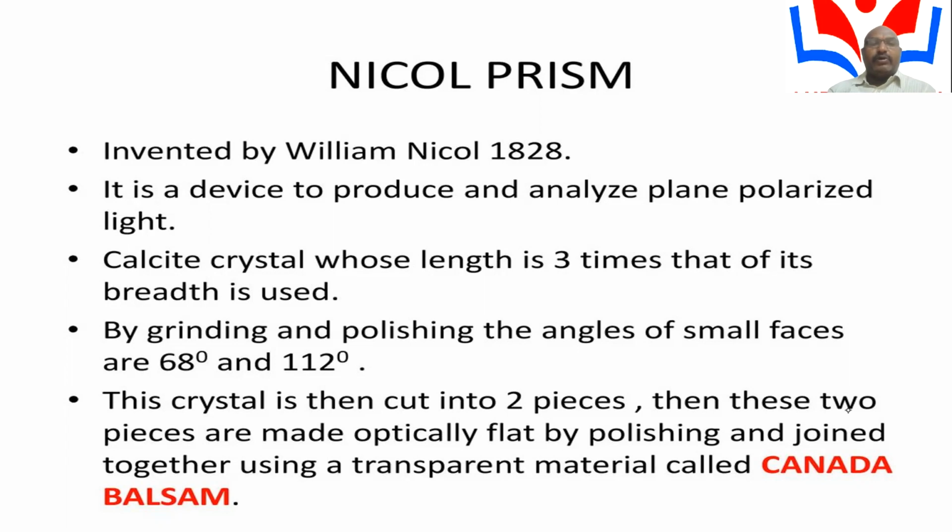By grinding and polishing, the angles of the small faces are 68 degrees and 112 degrees. This crystal is then cut into two pieces. These two pieces are made optically flat by polishing and joined using a transparent material called Canada balsam.